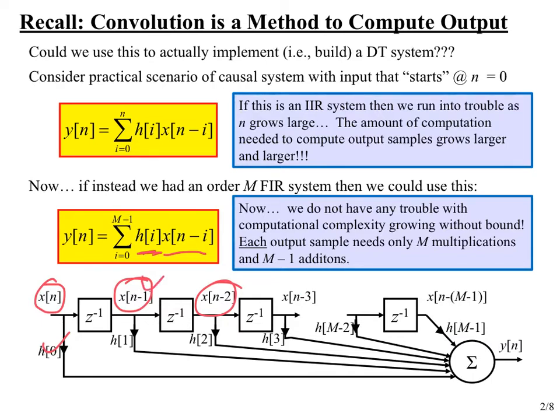Then this product, x of n minus 1 times h of 1, is for the i equal to 1 case. This is i equal to 2, i equal to 3, all the way down to i equal to m minus 1. So you can see that this block diagram does indeed implement what this FIR convolution equation says it does.